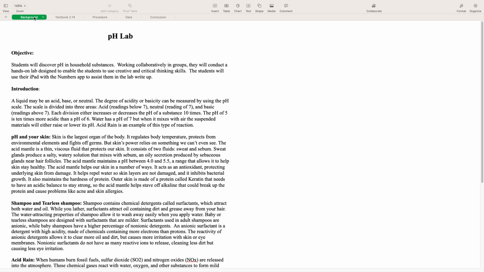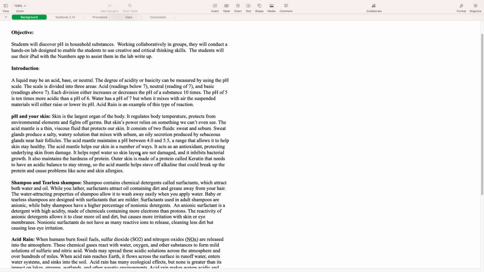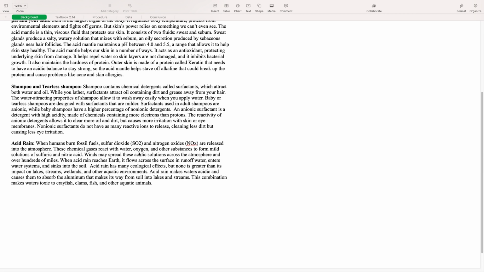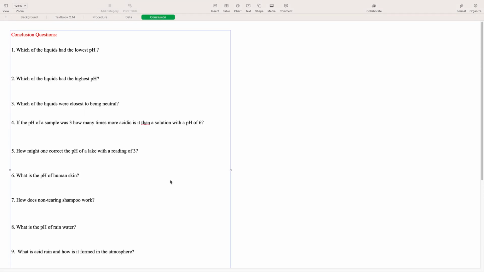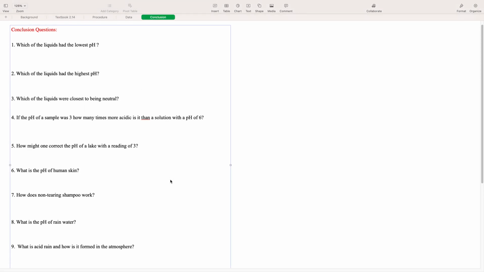So baby shampoos try to be right on 7.4 so they don't hurt young kids. I also mentioned acid rain. In the conclusion questions, there are some about how non-tearing shampoo works and what the pH of rainwater is. It's in the background information that we are just pointing out.